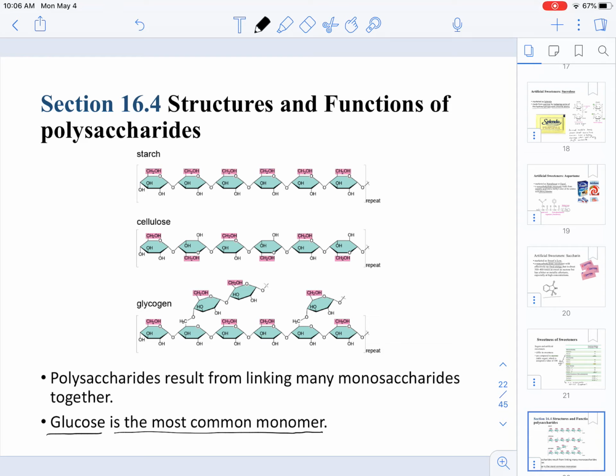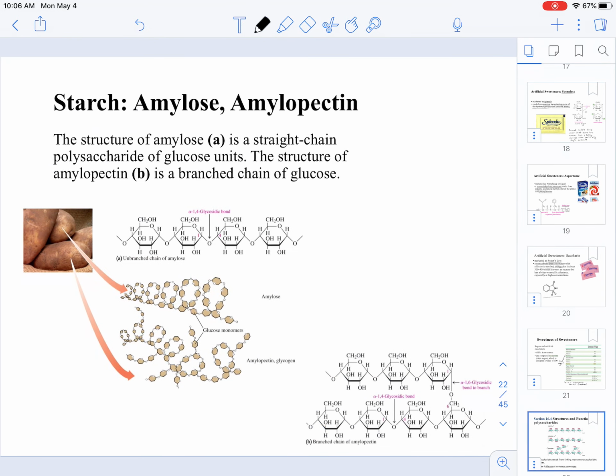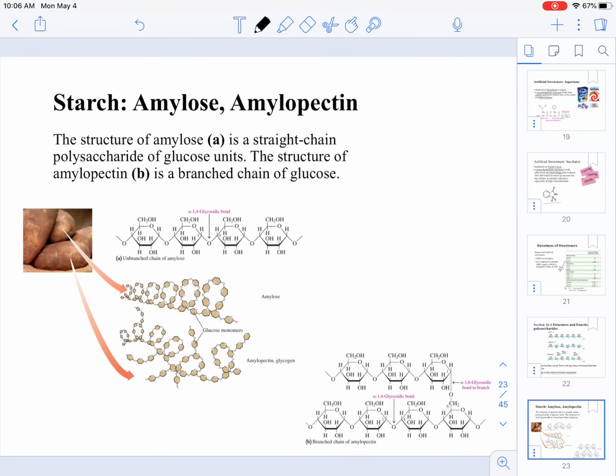So here we have in the structure 3 different polysaccharides, which include starch, cellulose, and glycogen, and we're going to study them in detail. When it comes to starch, understand that starch is composed of 2 separate polysaccharides.